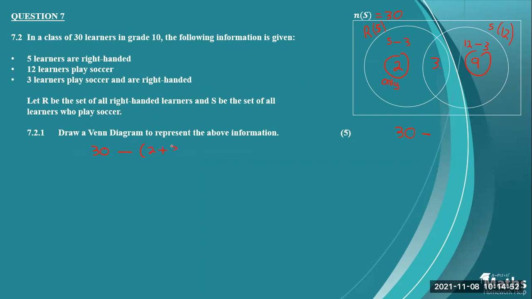Because I need to see how many pupils belong here who are not right-handed and also don't play soccer. So this will be 30 minus 14, and that gives me 16. So the 16 will go in there. So that's how you draw your Venn diagram.